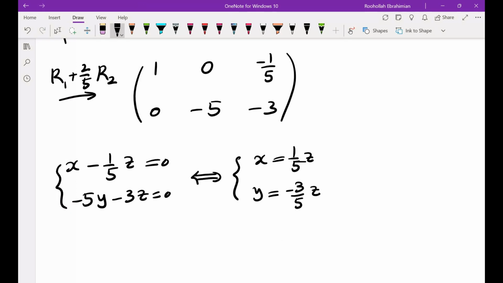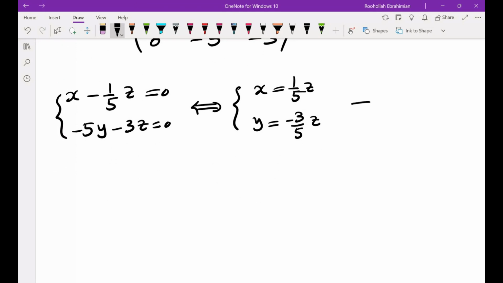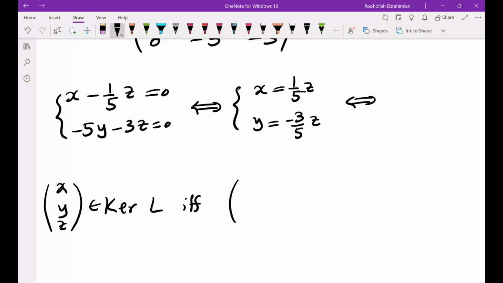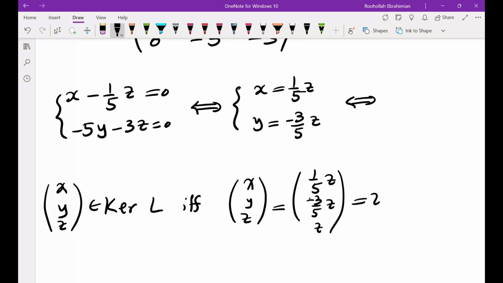And of course, these are all if and only if, which means xyz is in the kernel if and only if xyz is equal to 1/5 z, negative 3/5 z, and then z. And that's z times the vector 1/5, negative 3/5, 1.